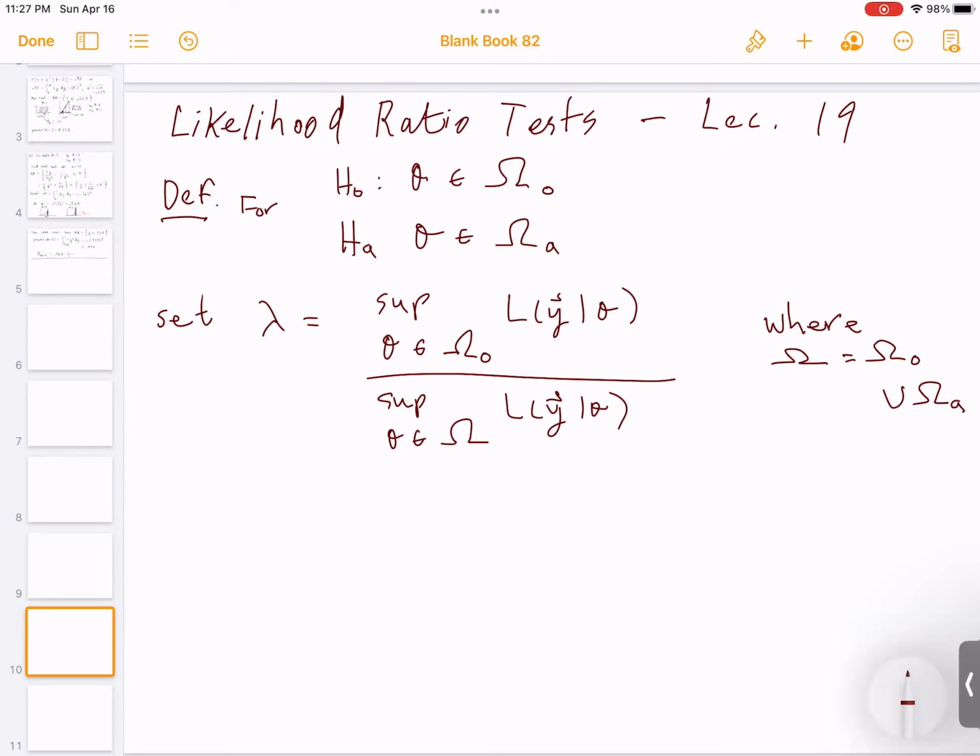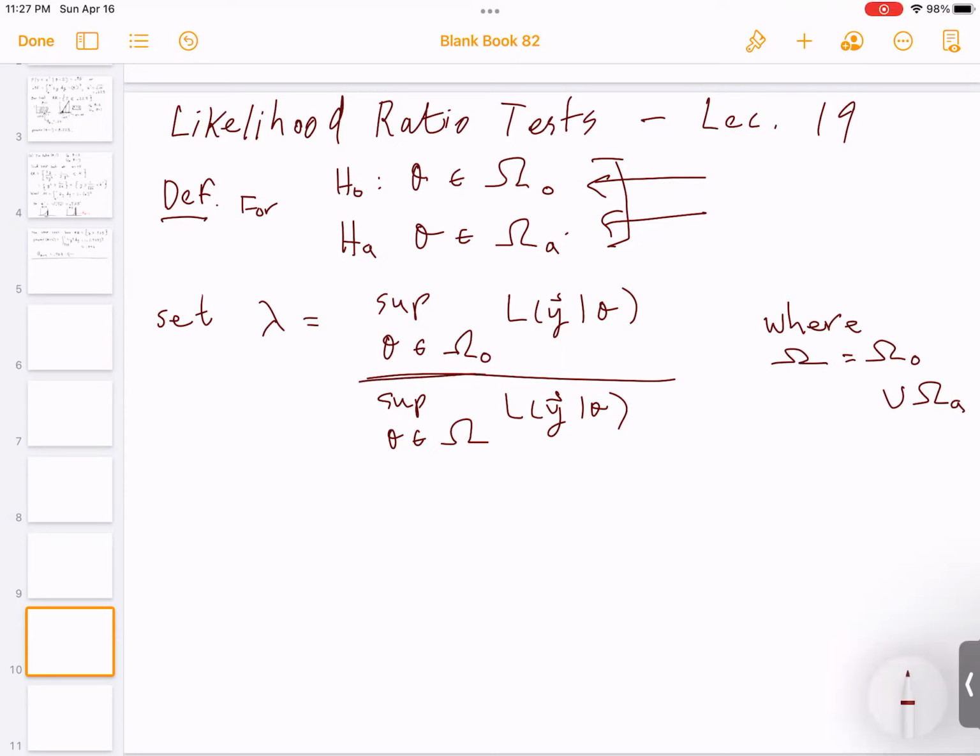that we've seen. Okay, so the definition has a little bit of new notation. If we have this kind of hypothesis test, pretty general, the capital omegas are just taken to be sets where the parameter theta, which might be vector valued, would live. The important thing is that these are non-overlapping, so their intersection is the null set. Then we set lambda equal to the following.